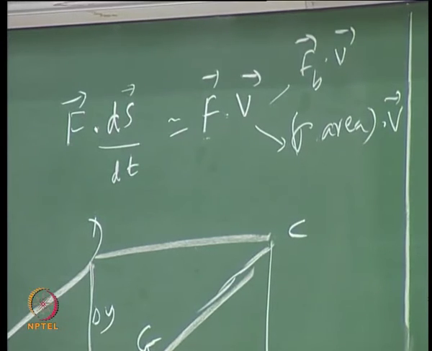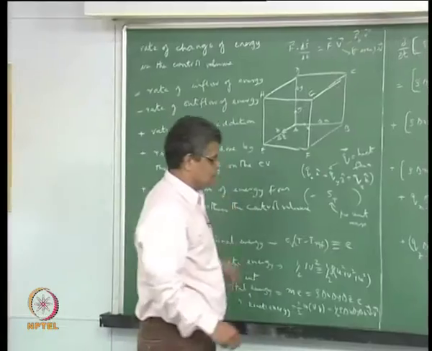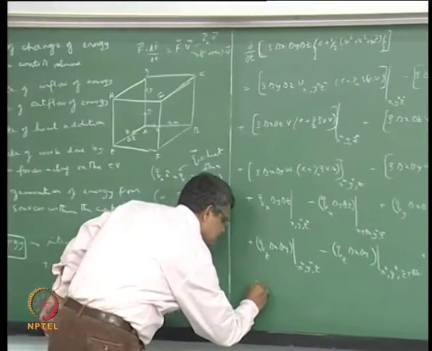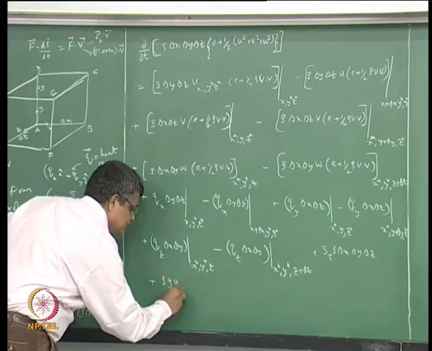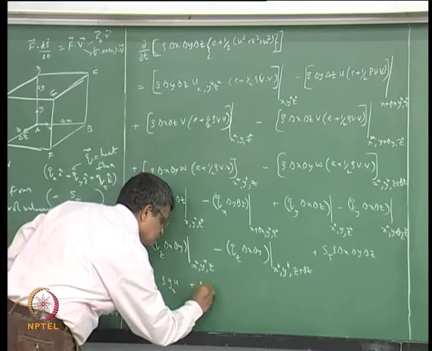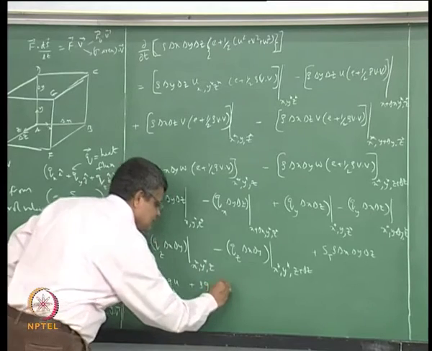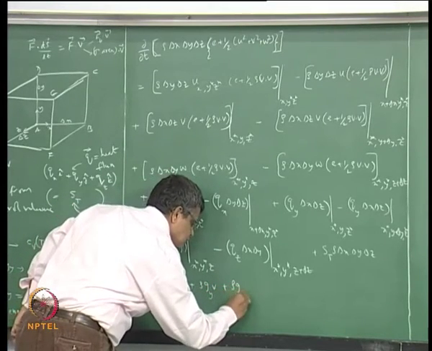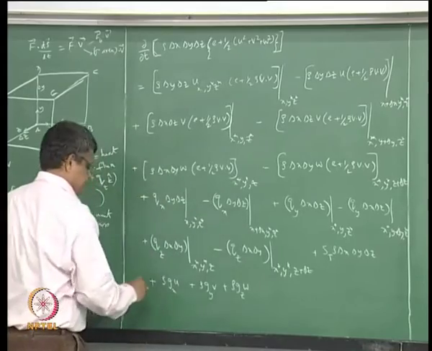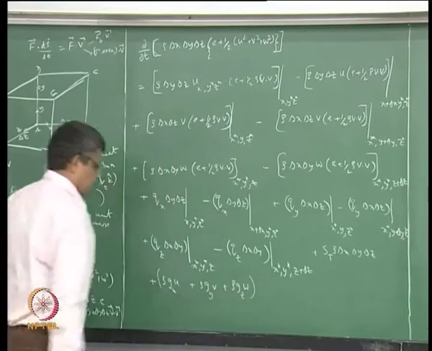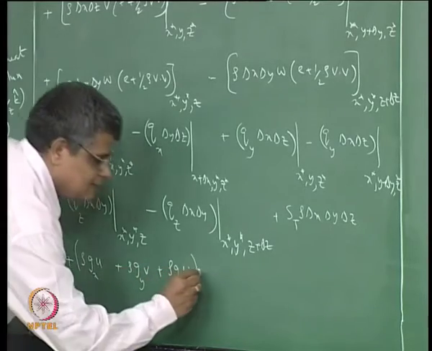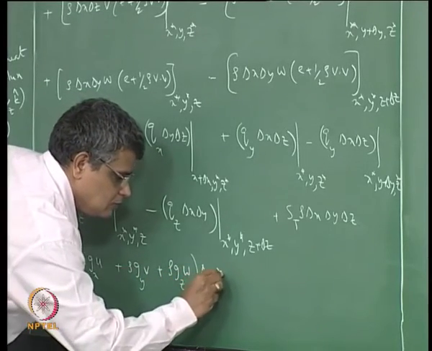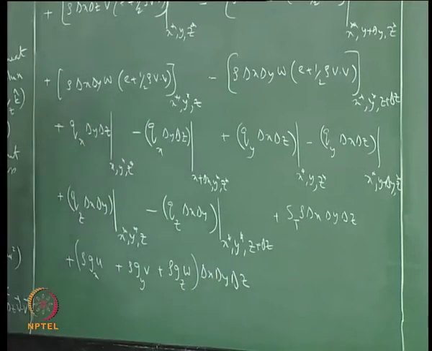When we consider Fb, the body force, to be coming from the gravitational force, then we can write it down as rho gx times u plus rho gy times v plus rho gz times w, and the total volume.